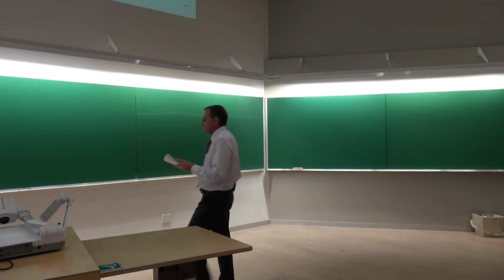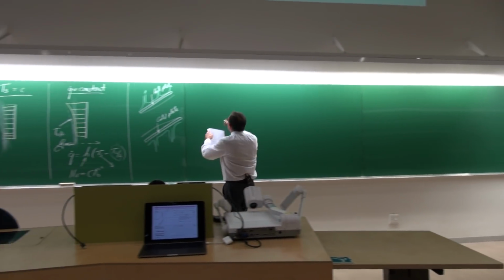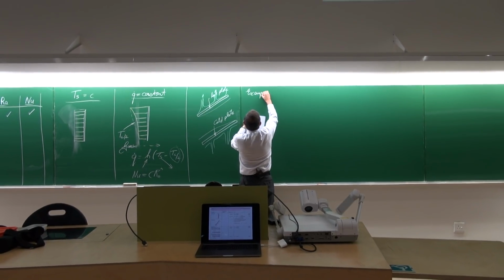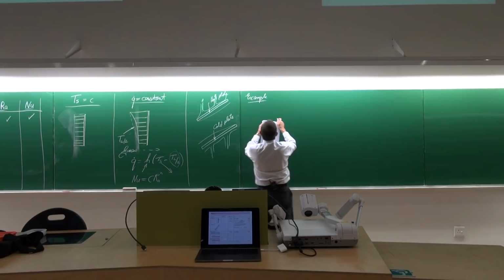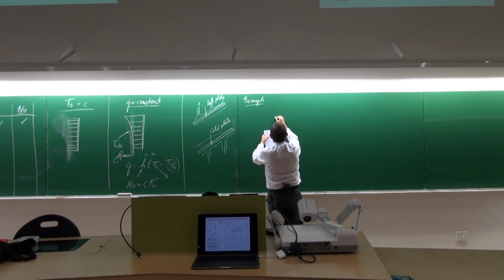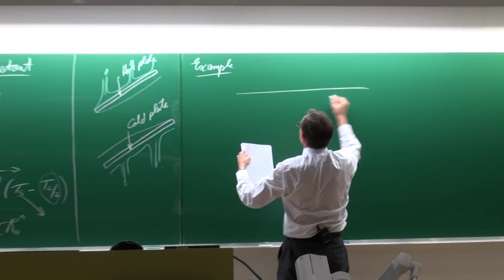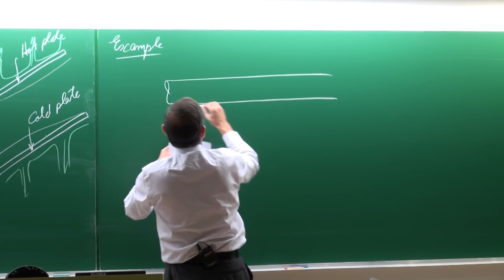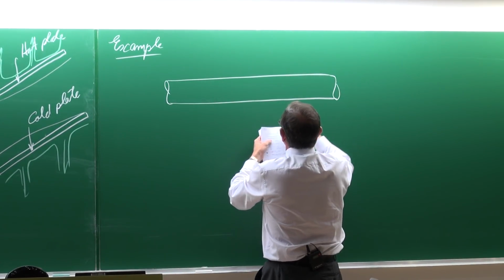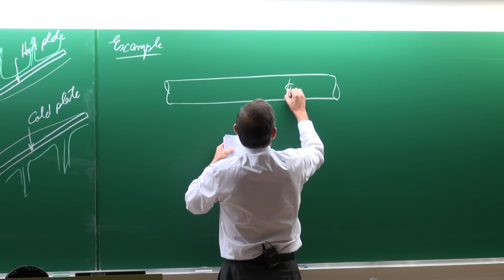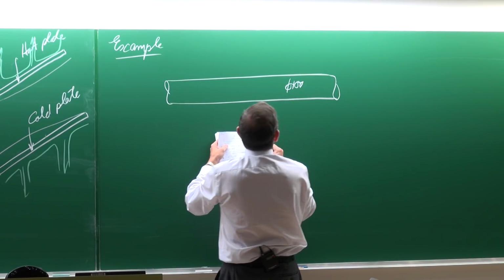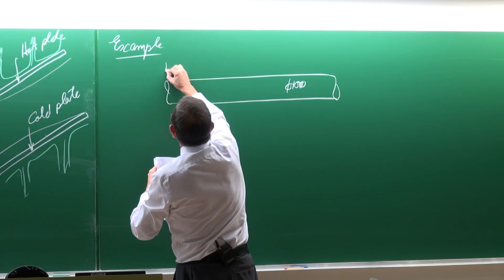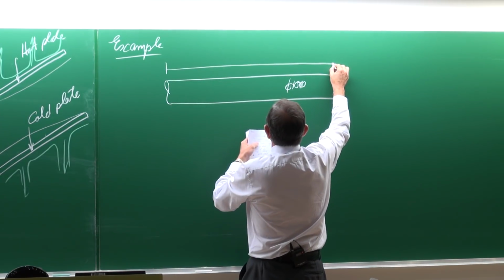The example that I'm going to look at is a tube or a pipe. Let's rather consider it a pipe. It has a diameter of 100 millimeters. Its length is 10 meters.